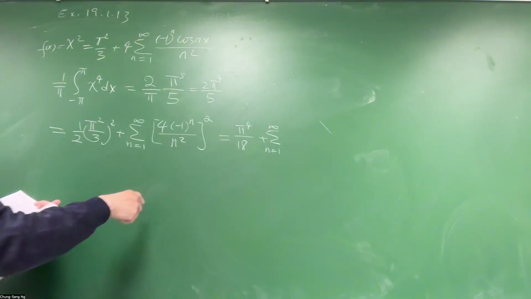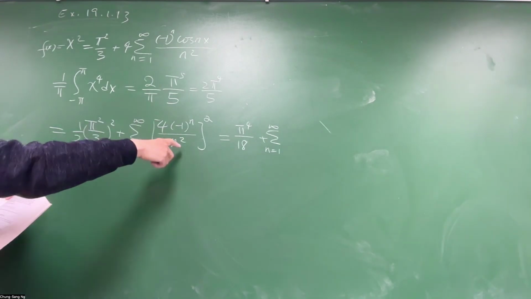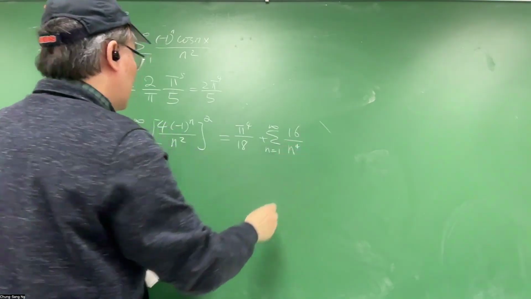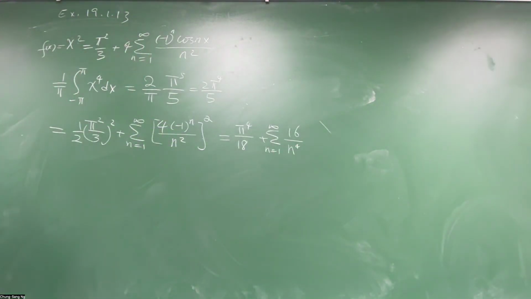Just work everything out. It's just 16 over n to the 4th. And then we wanted to get zeta 4. That might be the problem you have. And what is zeta 4? The problem doesn't explain it to you, right?